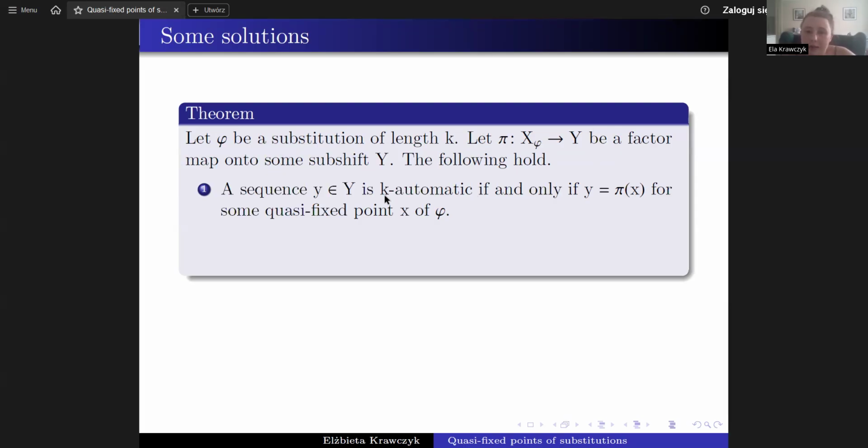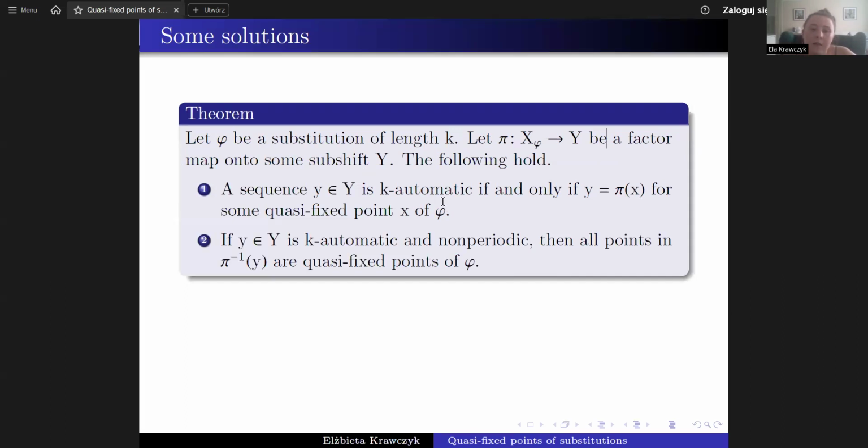My sequence in the orbit closure is k-automatic if and only if it is a quasi-fixed point of my substitution. Furthermore, if I have some y in my system Y which is non-periodic, then I know that all preimages of y by my factor map pi are quasi-fixed points of phi.